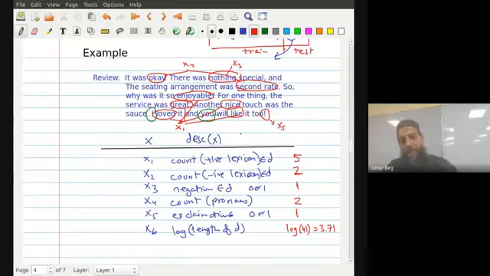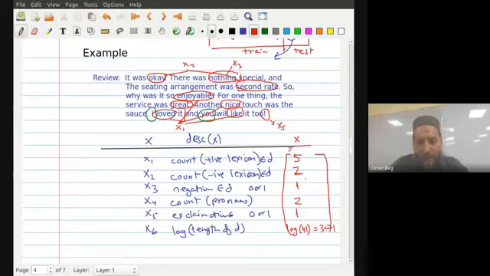Okay. So now we have the values of these x's for this particular review. So this would be the vector x.